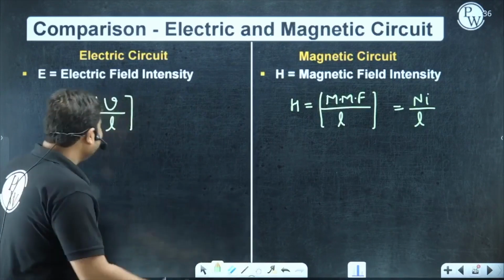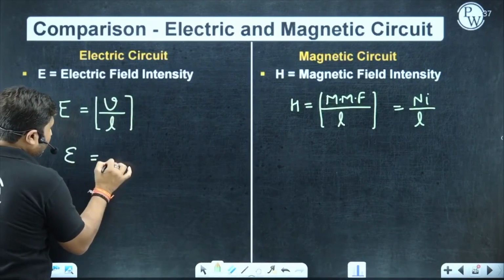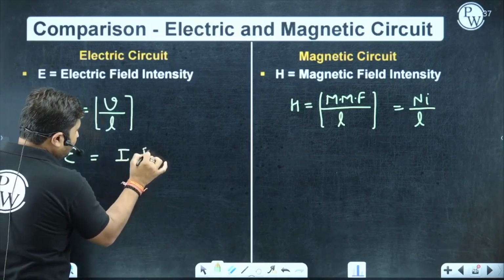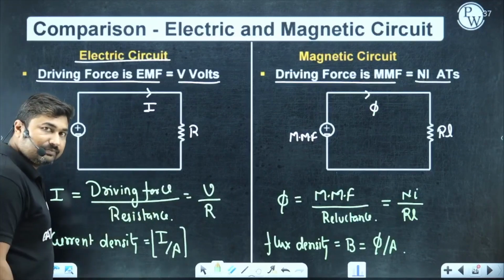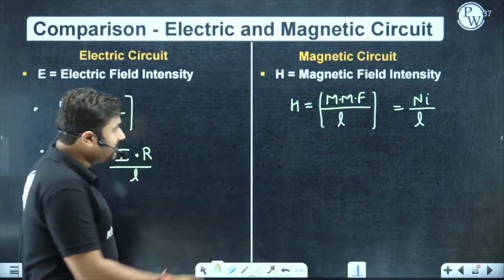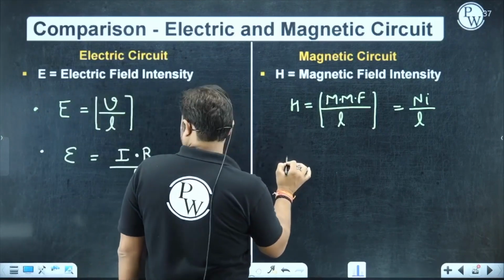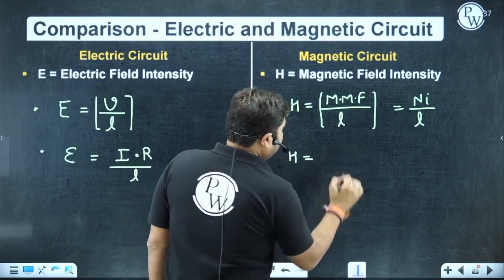Now please observe. What is the value of V? In this circuit, we can write V as I into R. The same thing exists for the magnetic circuit also. You can write magnetic field intensity as Ni.